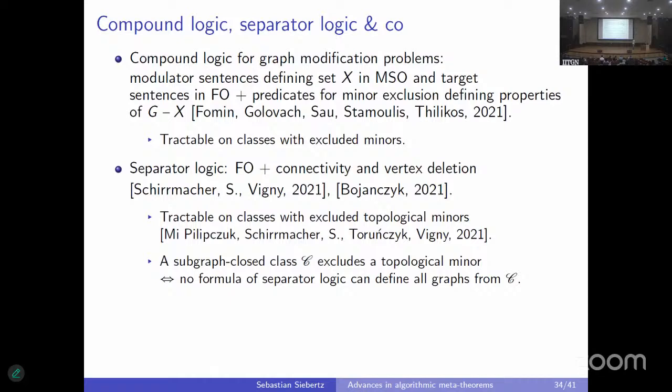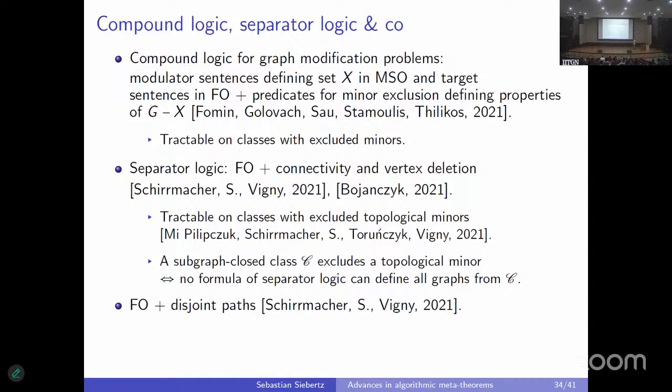It turns out that the subgraph closure of a class is excluded topological minor if and only if separator logic cannot define all graphs from the class. This is always an indication that you are looking at some good logic, when the logic defines a natural, well-known graph class. Excluding topological minors is a well-studied graph class, and the logic captures exactly this class. So it is a good definition, and there is a matching tractability result here.